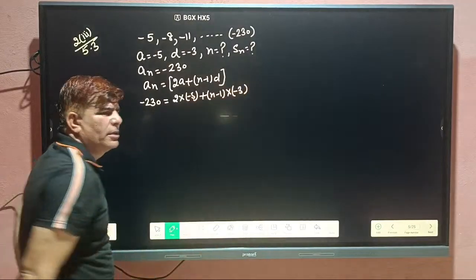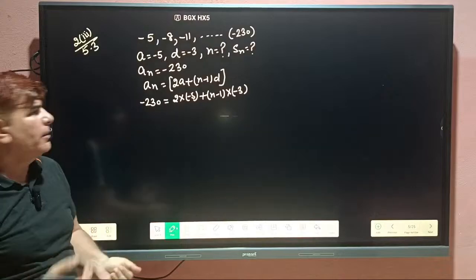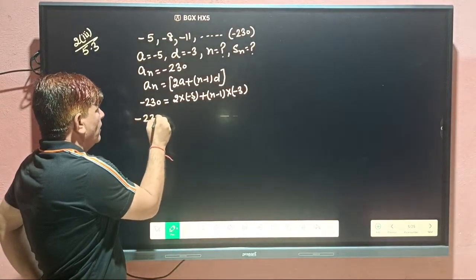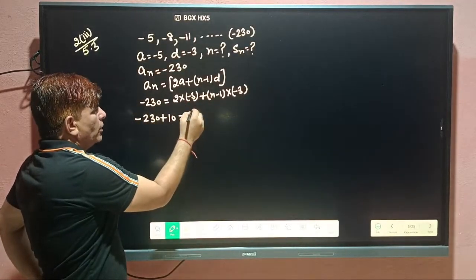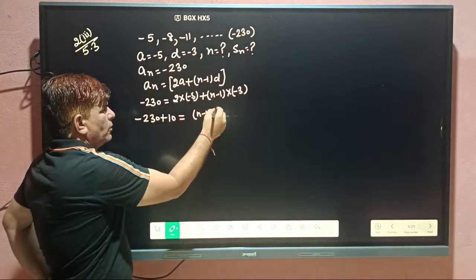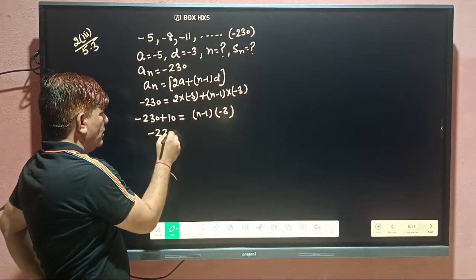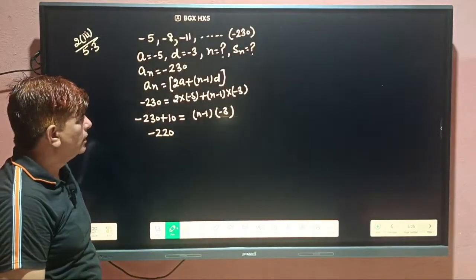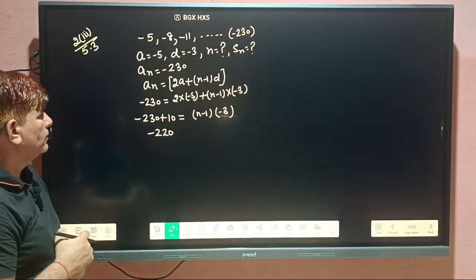You can calculate; the way of calculating depends on you. Any method you can apply, so many methods are possible. Minus 230 plus 5, you can transfer this inside, equal to (n minus 1) into minus 3. How much? Minus 225, or minus 220. So what happened?